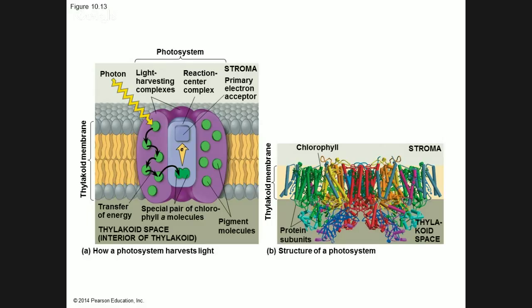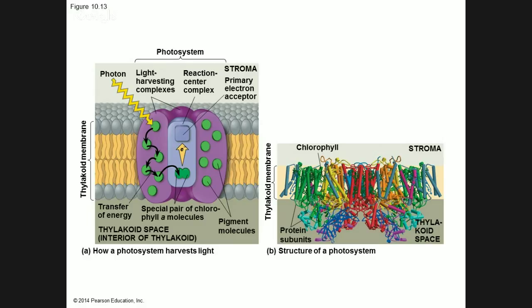So these accessory pigment molecules increase the chance that a photon of light will be absorbed by a photosystem. Instead of one photon of light having to hit that one cluster of chlorophyll, you can hit any of these around it, and eventually the energy is transferred there. Does that make sense? They're called accessory or antenna pigment molecules.